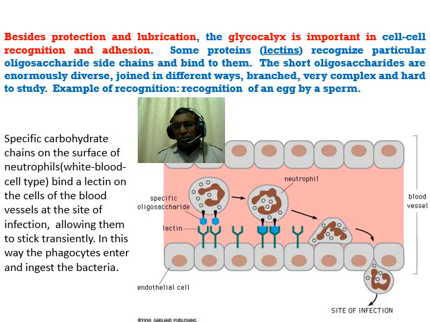If just now we talked about mechanical protection, here you have more of an immunological protection. Say there is an infection at the site as shown there.